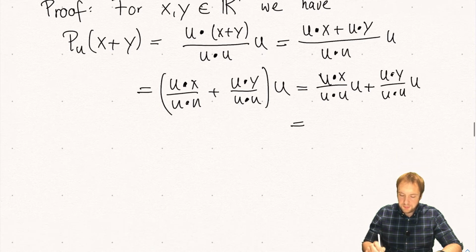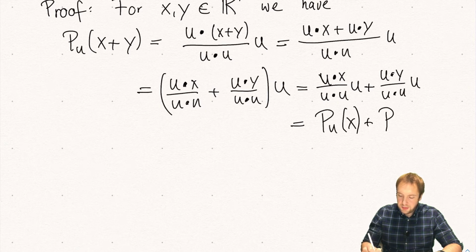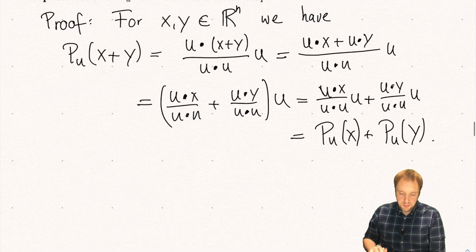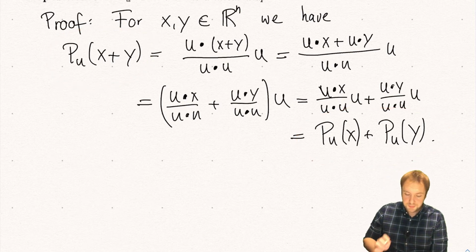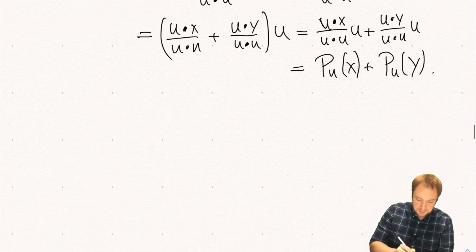And this is the definition of pu of x plus pu of y. So therefore we have the first property of being a linear map, and the second property is similar.